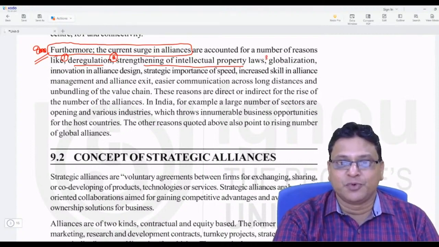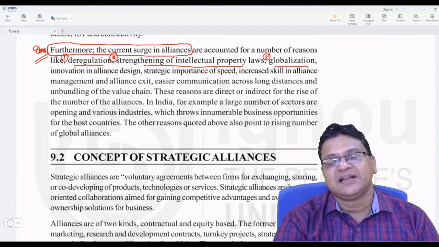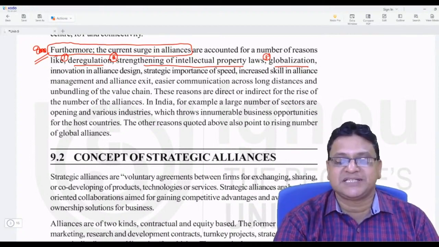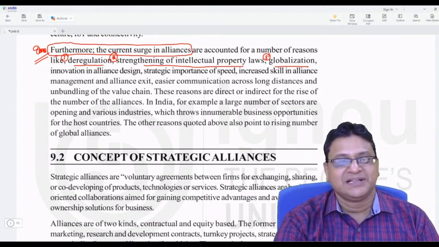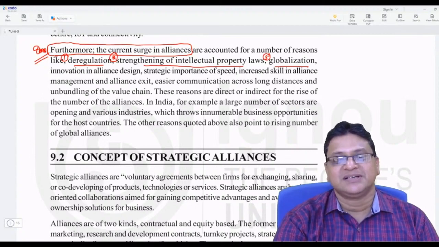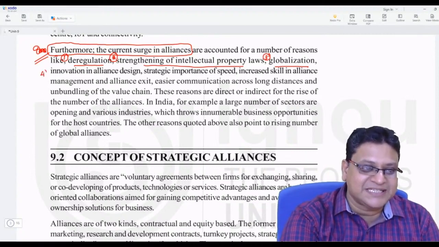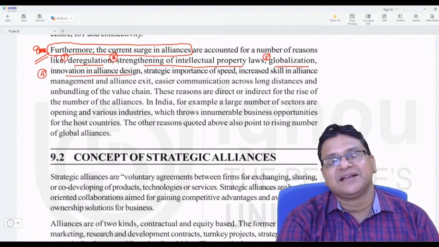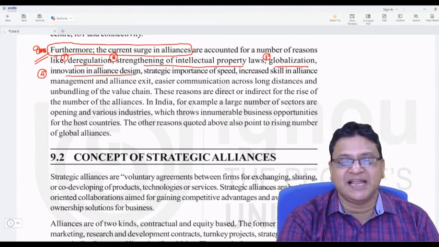Third, because of globalization, alliances are increasing. Globalization means nowadays there is free movement of goods, services and investment across the globe. Because of this, there is a current surge in alliances. Fourth one is innovation in alliance design. Now many new types of alliances are coming. Because of this innovation in alliance design, alliances are increasing.